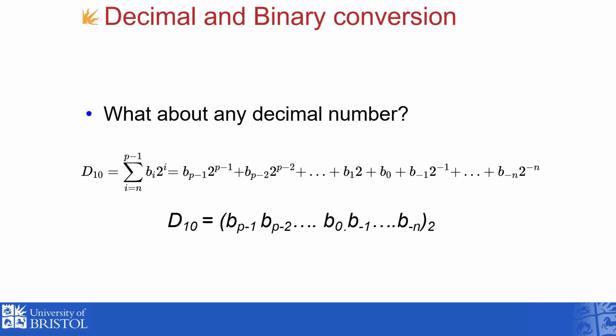Again, remember that left of the point, we start counting from position 0 up until position p minus 1 for the most significant bit, while for the fractional part, we start from position -1 up until position -n for the least significant bit.